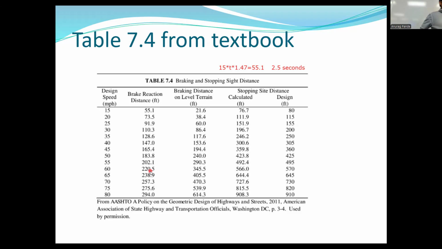Okay, the third column of this table is braking distance on level terrain. That means if you have 0% grade, how much distance you will travel once the deceleration starts to happen. And for that, the equation that we use is the equation for accelerated motion, which is v squared, the final speed squared, equal to u squared, the initial speed squared, plus 2 times a times s.